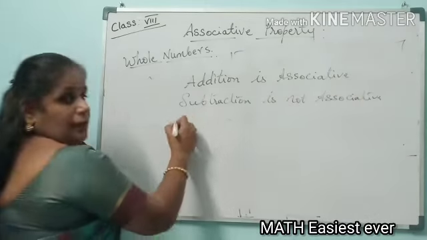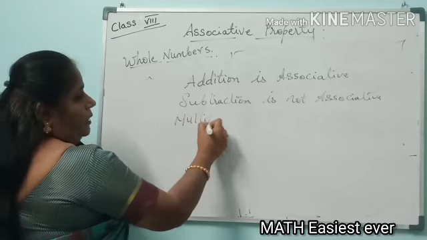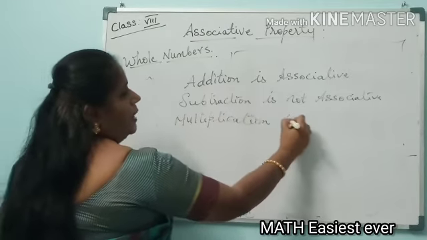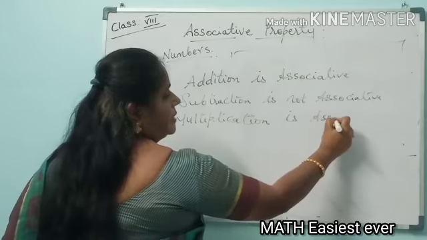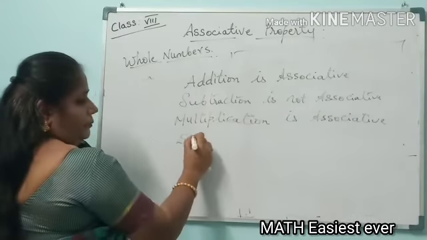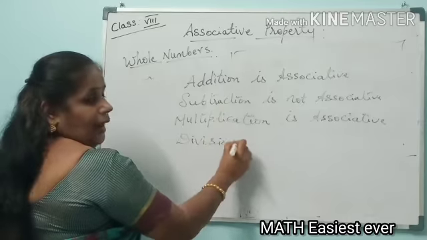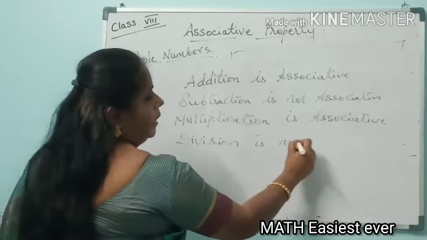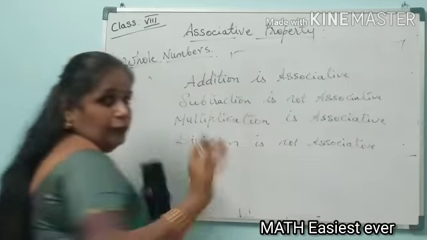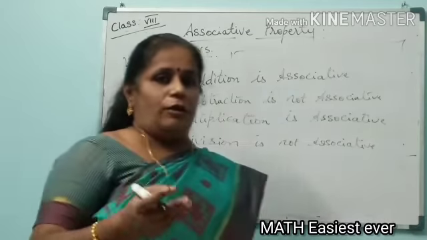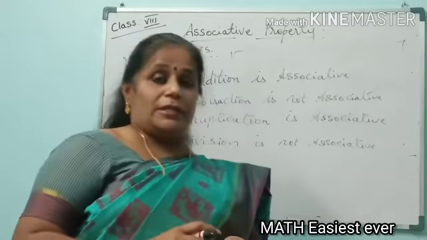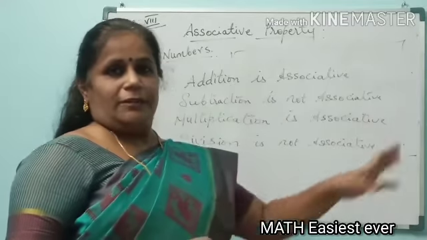Multiplication is associative. You got the same answer on both sides. Multiplication is associative, whereas division is not associative. Right, children? So you practice. After watching my video, you give different values of A, B and C. You have to practice by yourself, so you will get all these results. Okay, children?